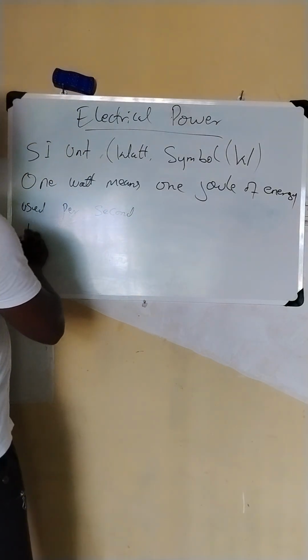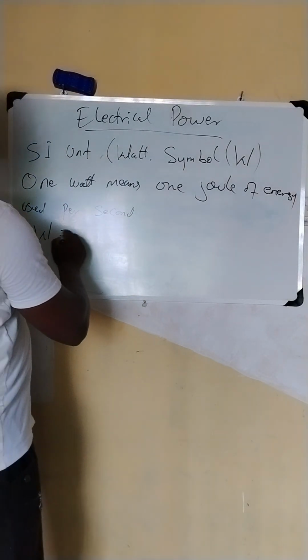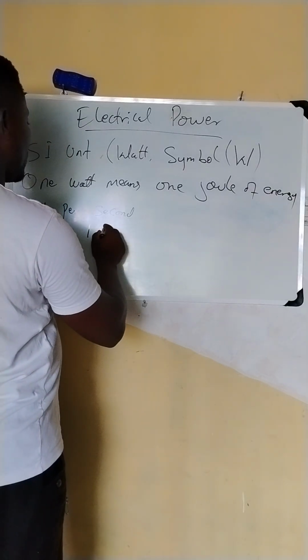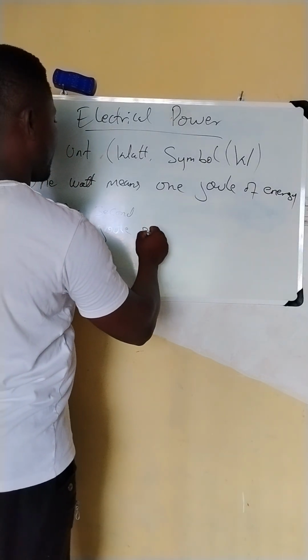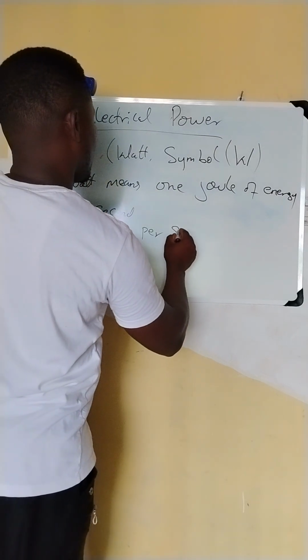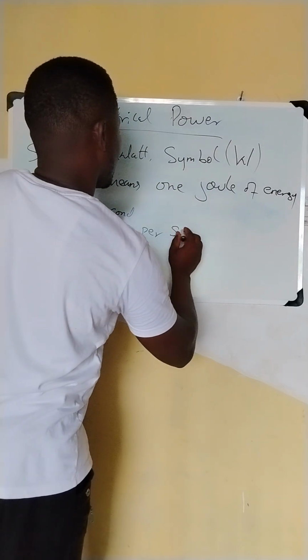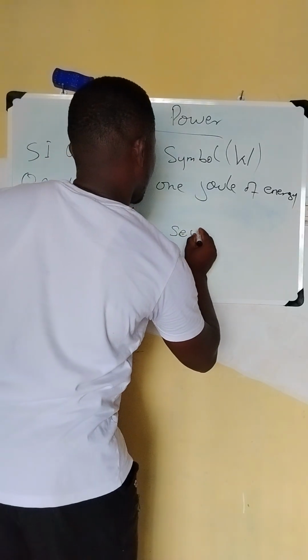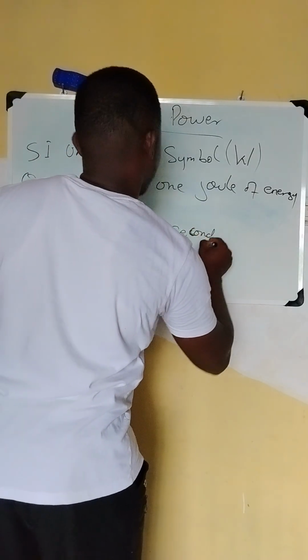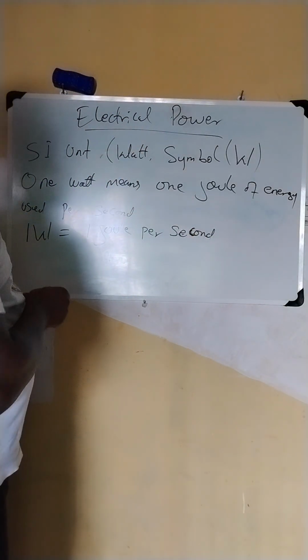So here 1 watt is equal to 1 joule per second. All right.